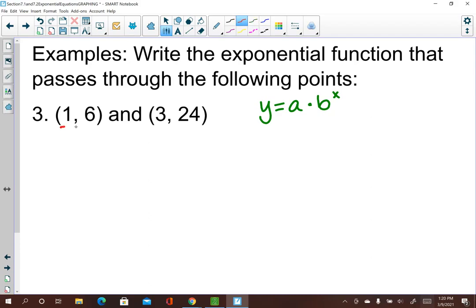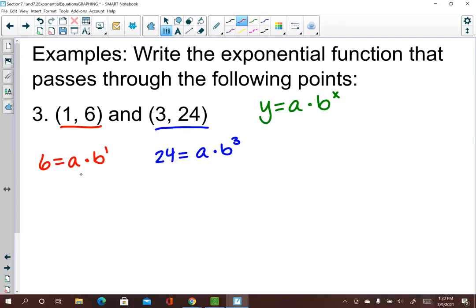So our first point, if we substitute in, we get 6 is equal to a times b to the first. Our second point, we get 24 is equal to a times b to the third. We would take one of our equations, solve for one of the variables, and substitute into the other equation, one of our system of equations strategies.